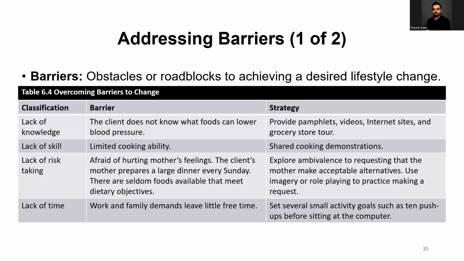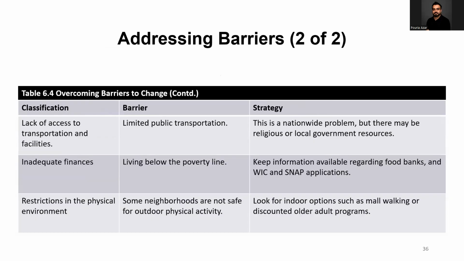Lack of risk taking, lack of time, lack of access to transportation and facilities, inadequate finances, and restrictions in the physical environment are some barriers, but we have to have strategies to address these barriers and obstacles during the counseling session.